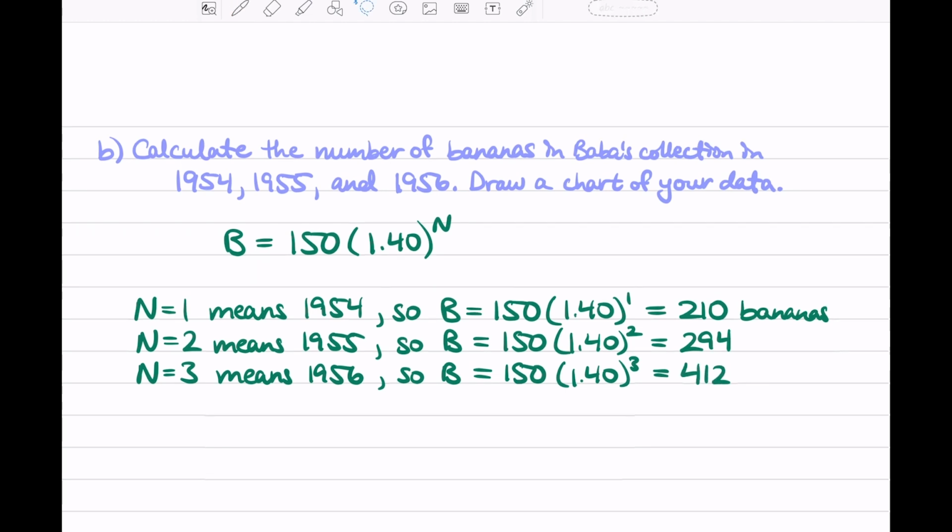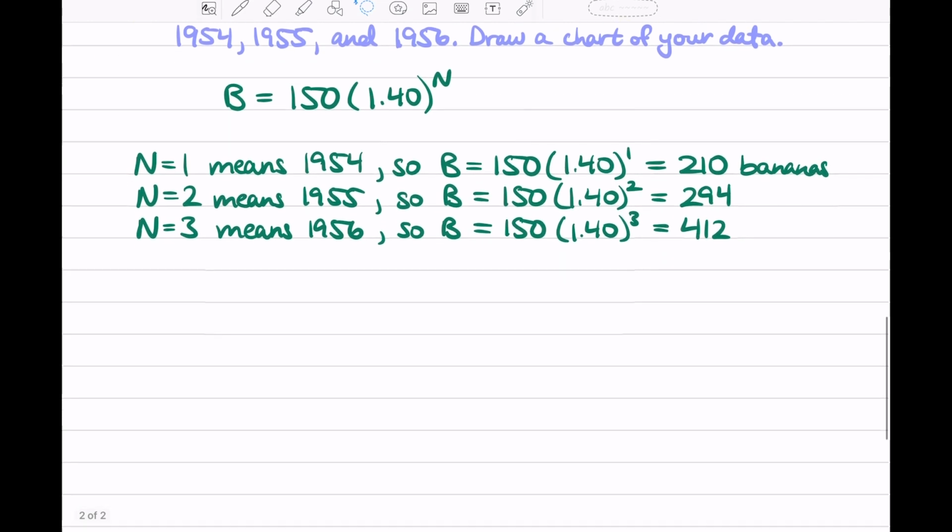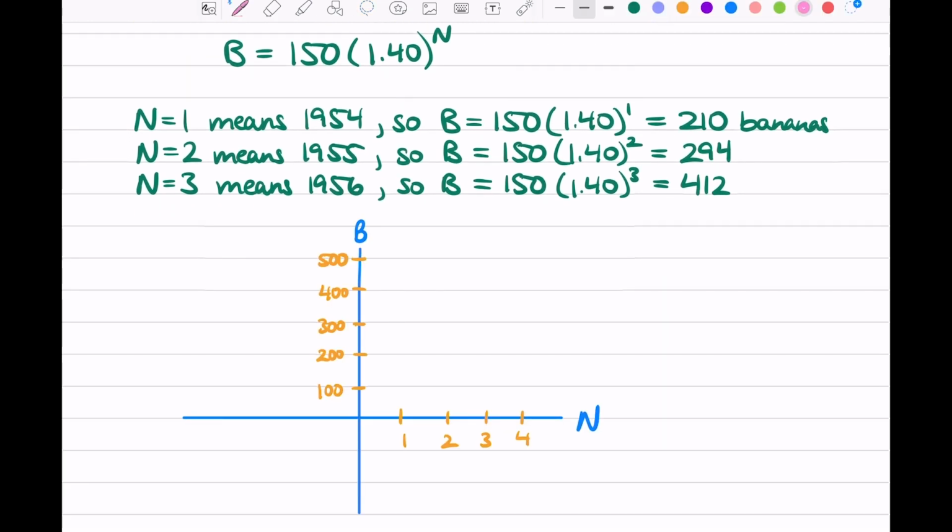And now we're going to put this information on a chart. We'll have our number of years on the x-axis and our total number of bananas on the y-axis. So when n equals 1, which is 1954, we have 210 bananas. So when n equals 1, we can plot approximately 210 bananas.